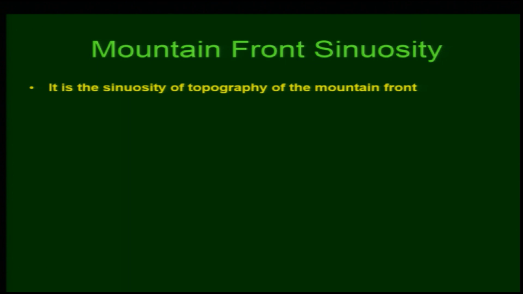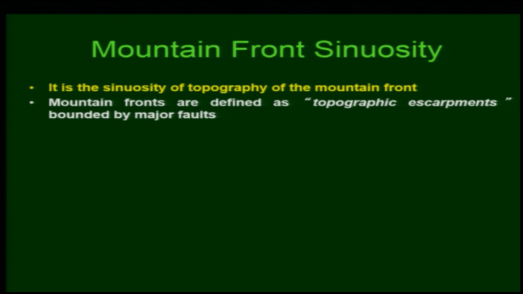Now, coming to the mountain front sinuosity, it is the sinuosity of the topography of the mountain front. Okay. Mountain fronts are defined as topographic escarpments bounded by major faults. So, you have an escarpment like this. If I put it in 3D, then you have an escarpment here.